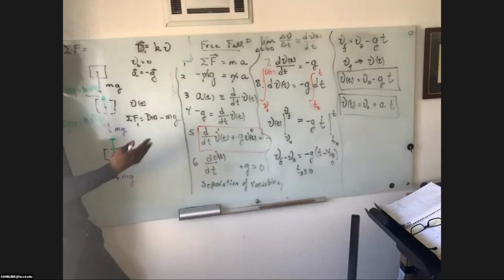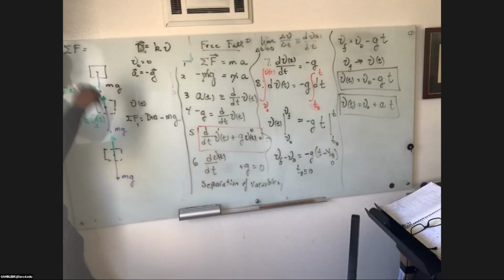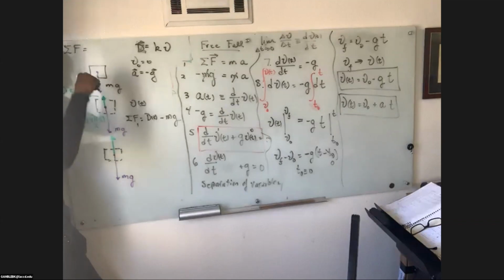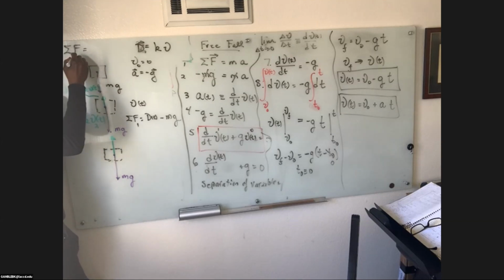So you said mg minus dt, which technically the magnitude would be right, but the direction is not right. Down is negative, up is positive. So dt is pointing up, it's positive. Mg is down, it's negative. Okay, that is the net force for this scenario. That's right. But look at this. What's the net force for position 0?